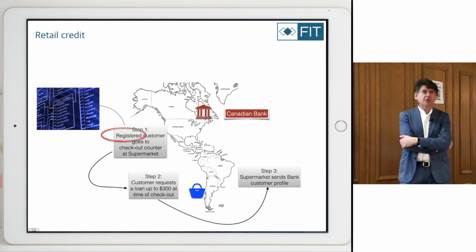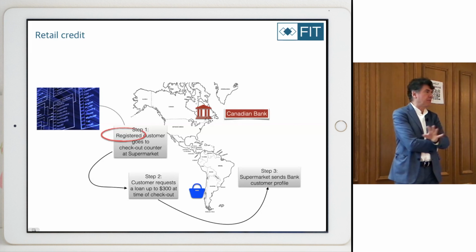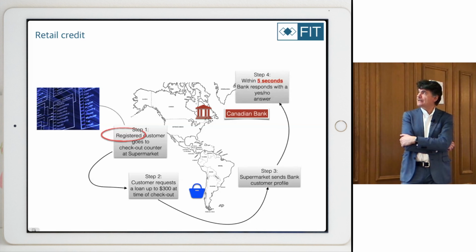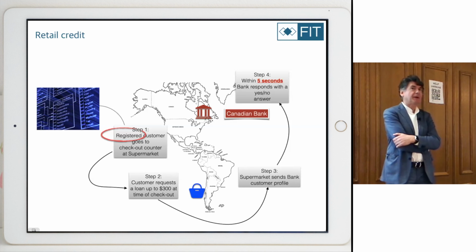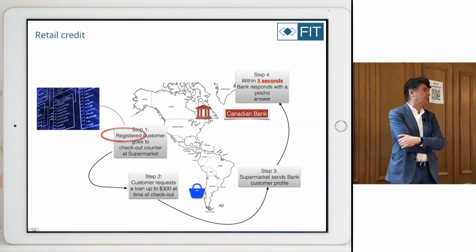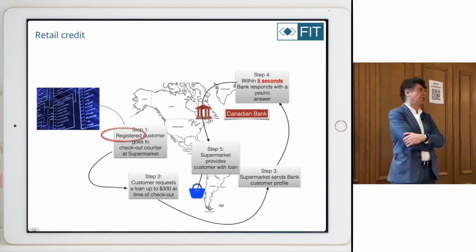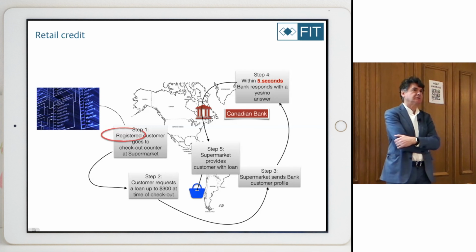Because now the bank gets all of that, all of the information in the loyalty program. And within 5 seconds, the bank has 5 seconds to decide whether to give that loan or not. If the answer is yes, you say, here's your $300 or $250 or whatever you're asking for. If the answer is no, you don't.